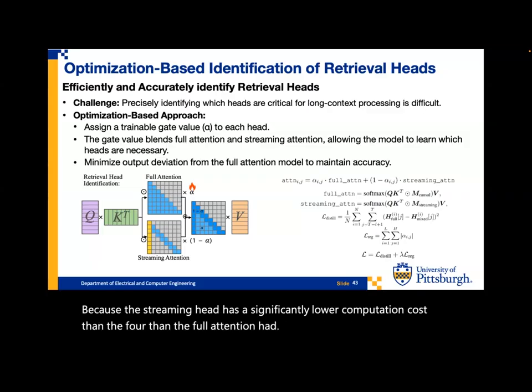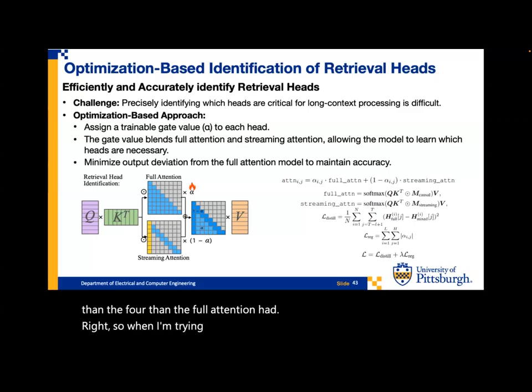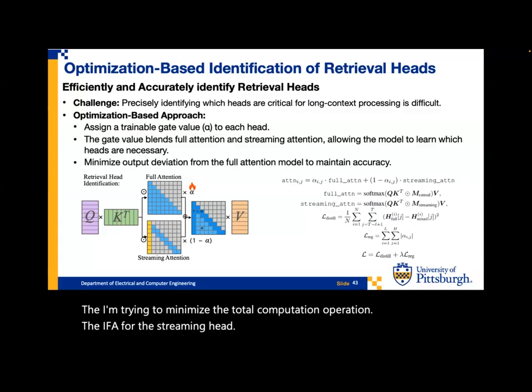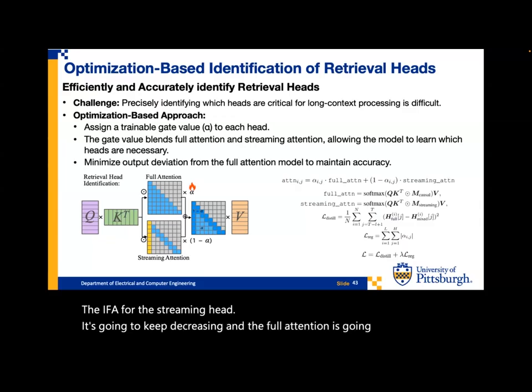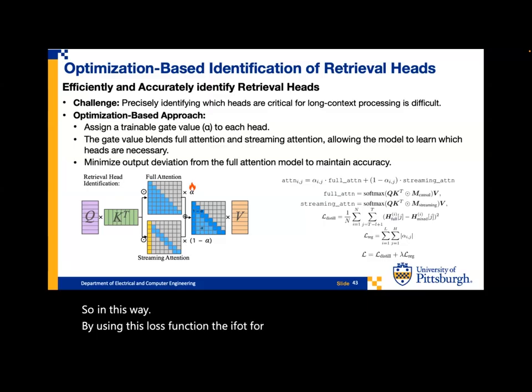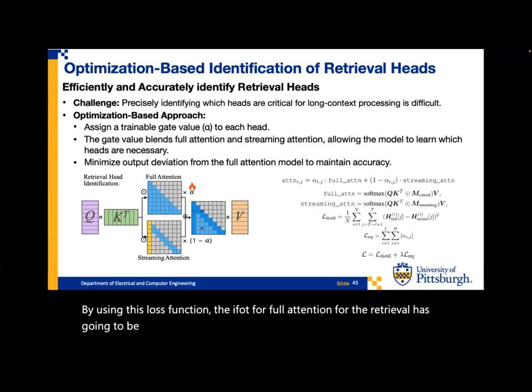So when I'm trying to minimize the alphas, I'm trying to minimize the total computation operations. The alpha for the streaming head is going to keep decreasing, and the full attention alpha is going to increase. So by using this loss function, the alpha for the retrieval head is going to be big, and the alpha for the streaming head is going to be small.